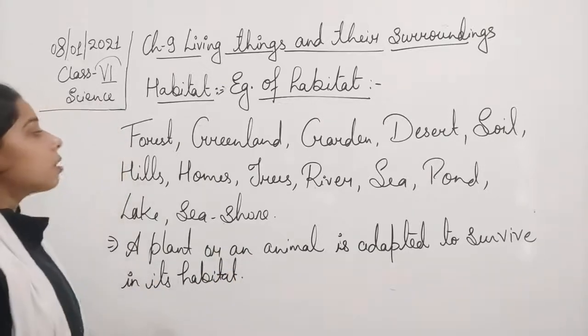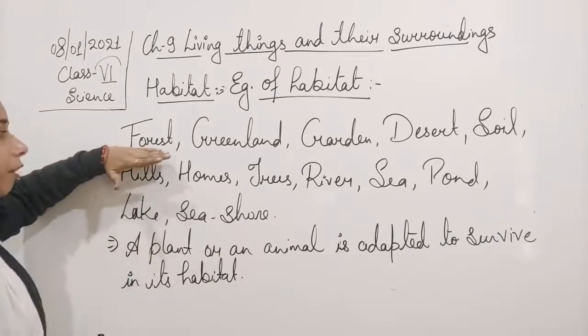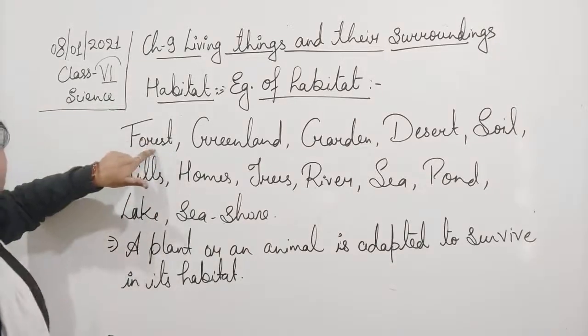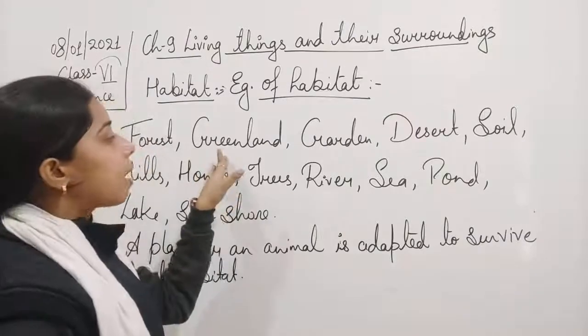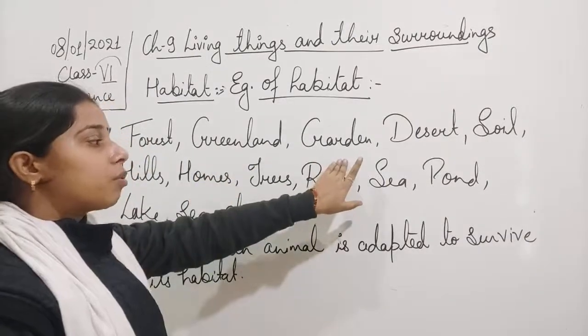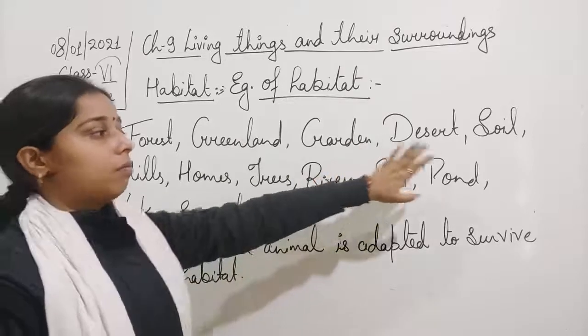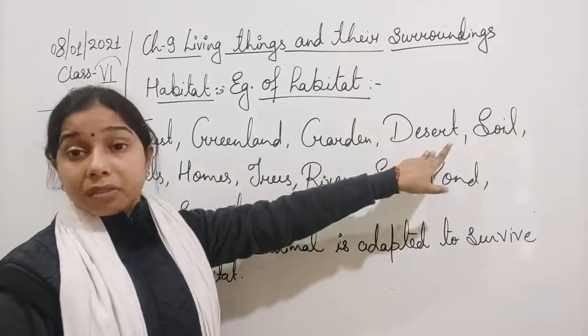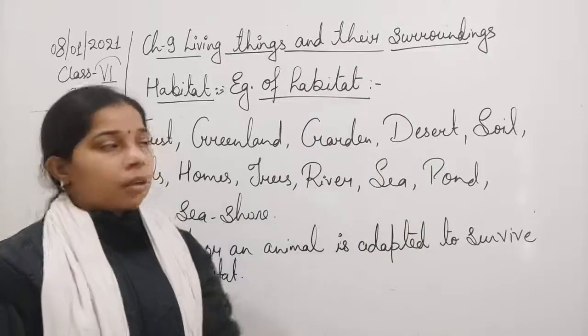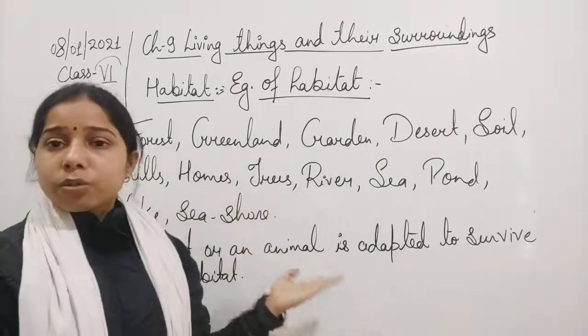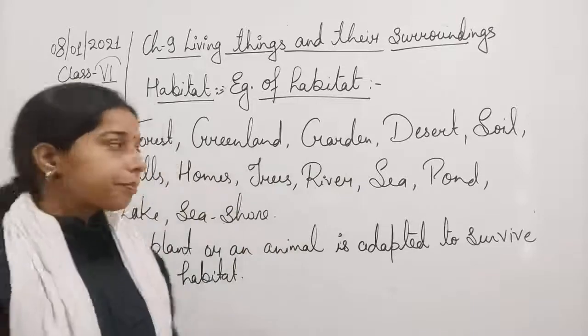You see, students, some of the living organisms used to live in the forest area. There are living organisms which used to live in the grassland. Some of them used to grow in the garden area. Some used to grow in the desert area. Some of them only grow in the soil, although we can say that these all also consist of soil.